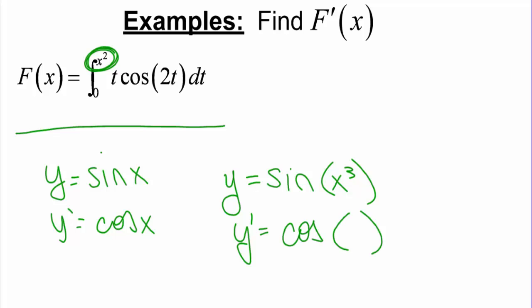You're still going to keep that x cubed there, but then you're going to multiply by a 3x squared at the end. And that's what's going on here. This is why we're multiplying by its derivative on the end, because we've just taken the place that's supposed to be x. Right here is supposed to be x, right? If you stick something else in there, okay, well that's fine. You can stick it in there, and you can take the derivative with it in there. But then you have to take your answer and multiply by that derivative.